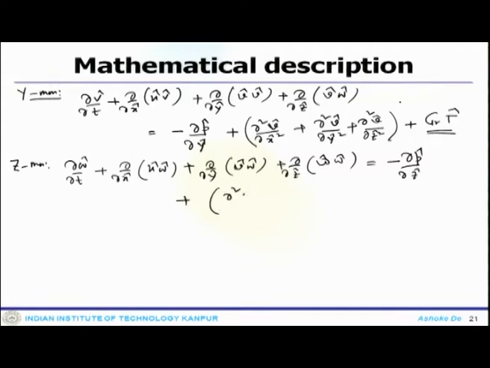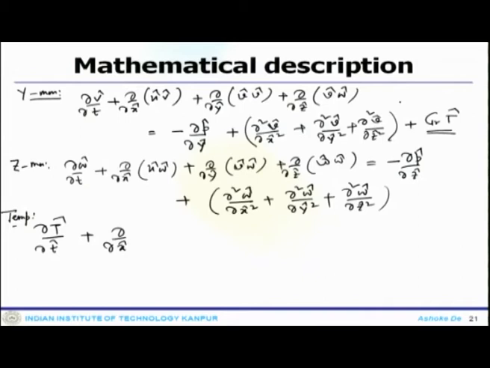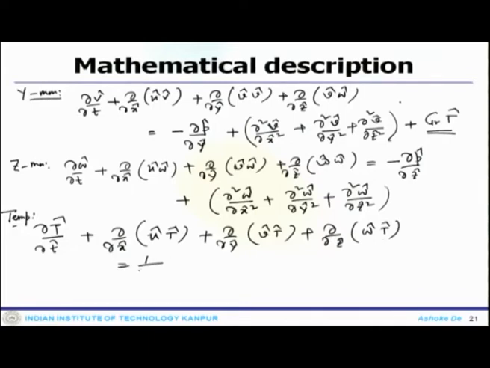Plus the diffusion term. And the temperature equation becomes del t hat by del t plus del del x hat of u hat t hat plus del del y hat of v hat t hat plus del del z hat of w hat t hat equals 1 by Prandtl number into del 2 t hat by del x hat square plus del 2 t hat by del y hat square plus del 2 t hat by del z hat square.